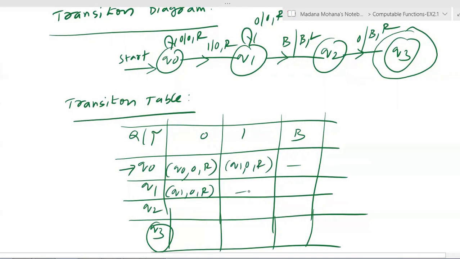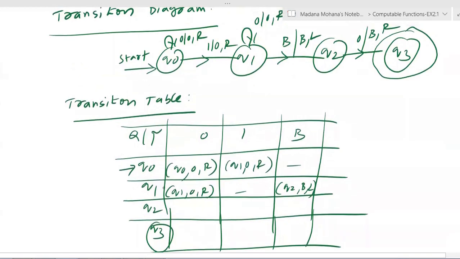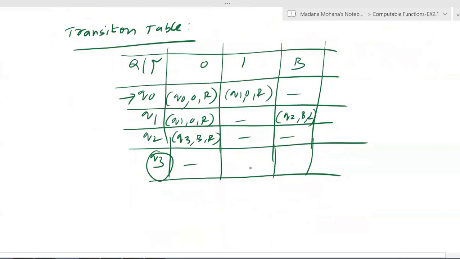Then q1 on 1, you don't have a transition. q1 on blank, you get q2, blank, left. Then q2 on 0, we have the transition: q2 on 0 goes to q3, 0 replaced by blank, then moves right. Then q2 on 1, no transition. q2 on blank, also no transition. Then q3 on 0, 1, blank, no transition.